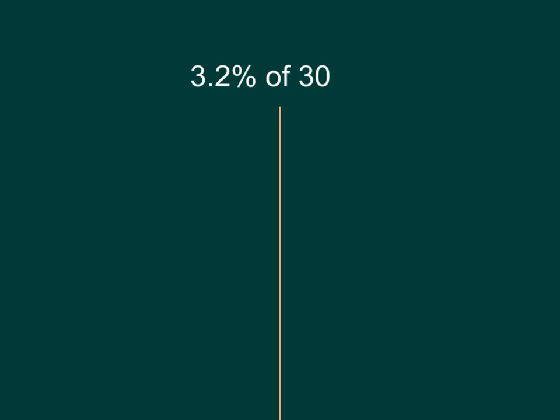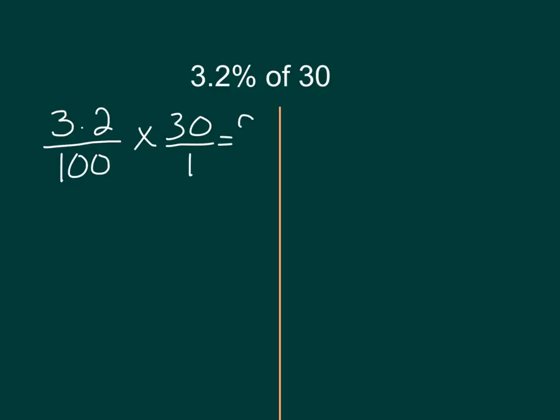Okay, let's look at one more example of one that you'll see today. So we've got 3.2% of 30, and I know that 3.2% means 3.2 per 100. "Of" means times, so I write it out, and I'm going to turn both of these into fractions. And when I calculate that out, I get 96 hundredths.